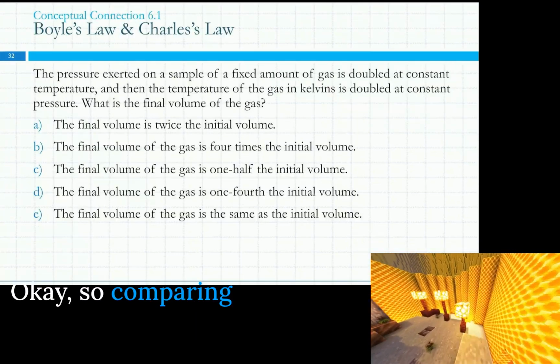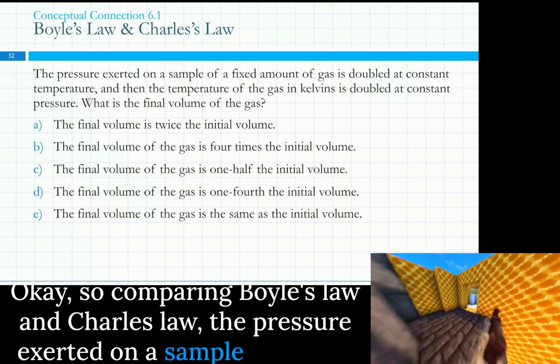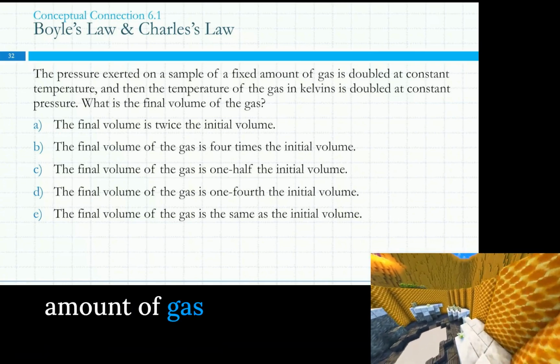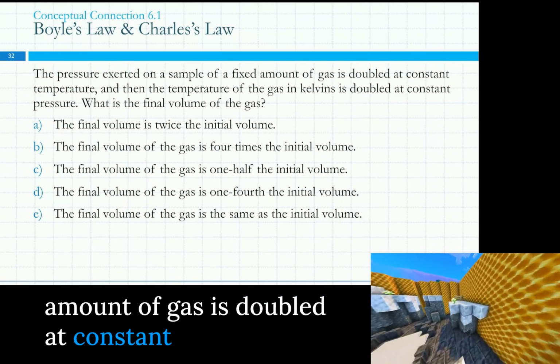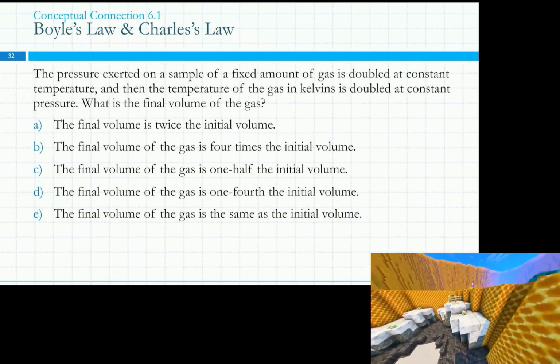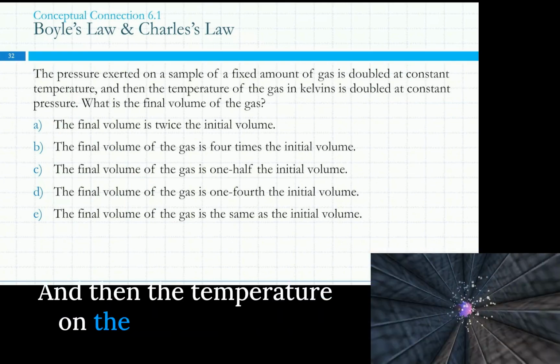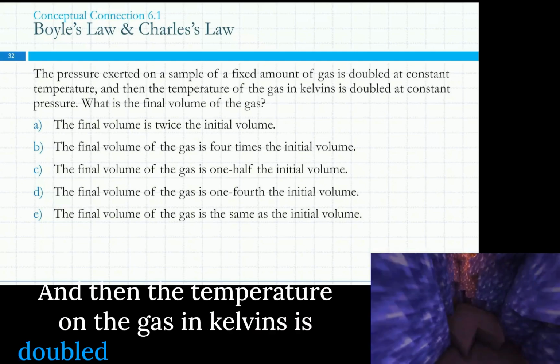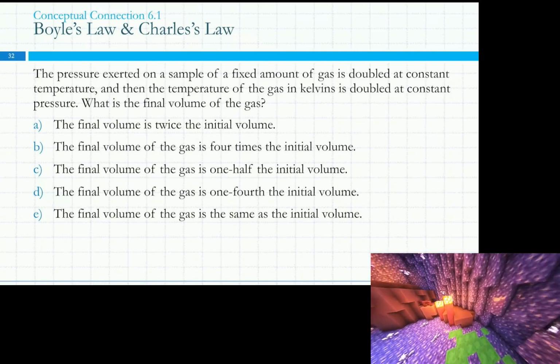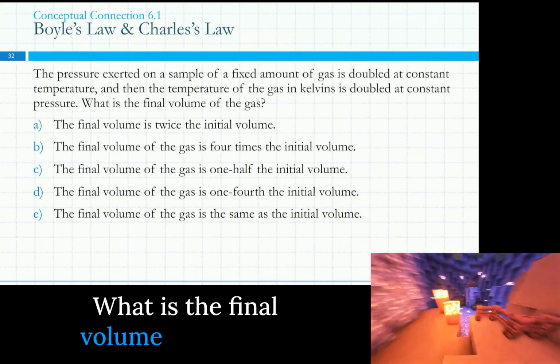Okay, so comparing Boyle's law and Charles' law: the pressure exerted on a sample of a fixed amount of gas is doubled at constant temperature, and then the temperature of the gas in kelvins is doubled at constant pressure. What is the final volume of the gas?